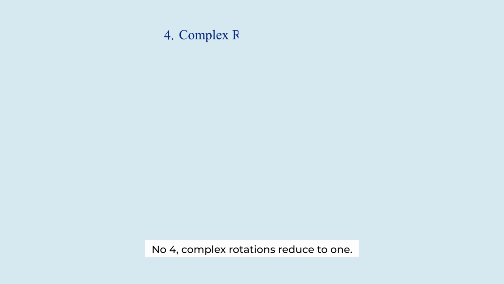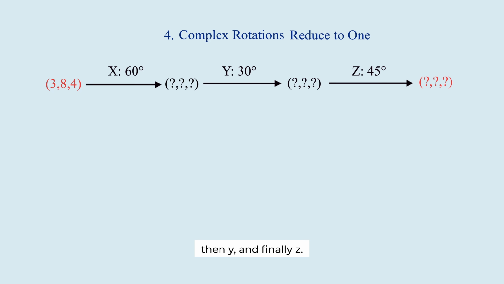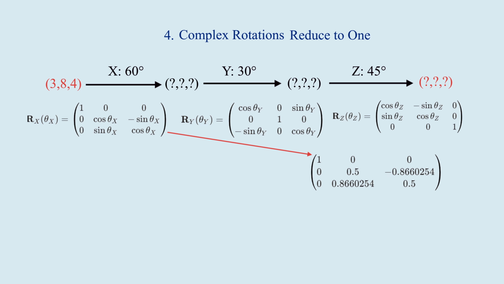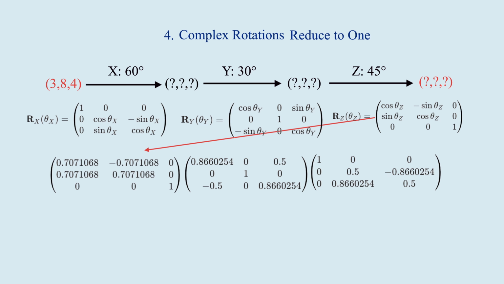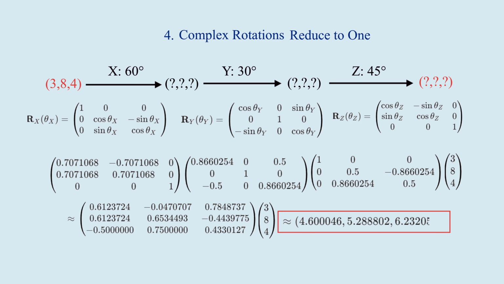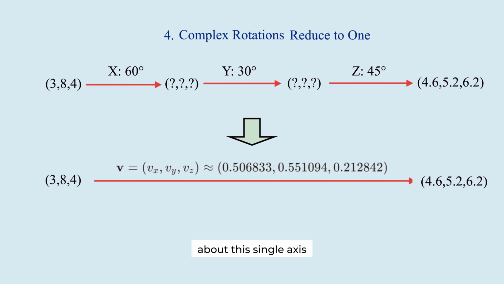Number 4. Complex rotations reduced to 1. Rotate around x, then y, and finally z. But the 3 consecutive rotations are equivalent to rotating the point about this single axis by about 90 degrees.